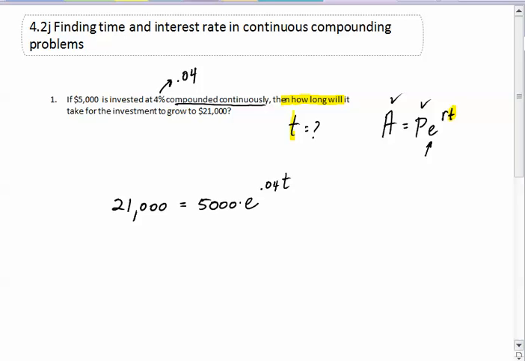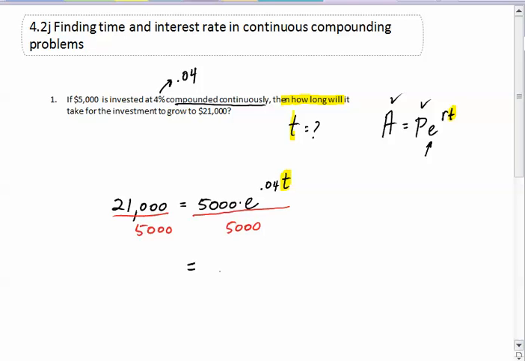If you watched the previous video, you'll notice that here's my exponent, here's my variable. I need to use logarithms to get that variable to the baseline, but I must clean up in front of the base number, so I'm going to have to divide by 5,000 first.